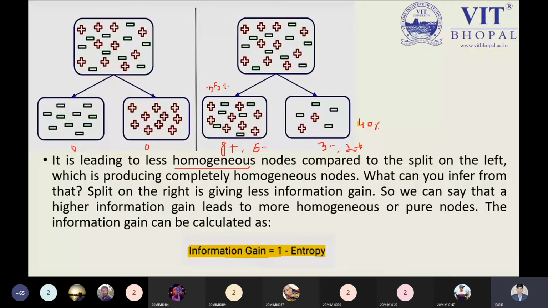Now clear? Yes, sir. Okay, so the formula from this level, I'm telling you, is information gain. How to calculate the information gain, we have to understand properly. Information gain is 1 minus entropy.